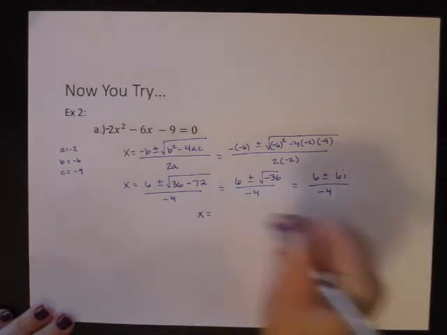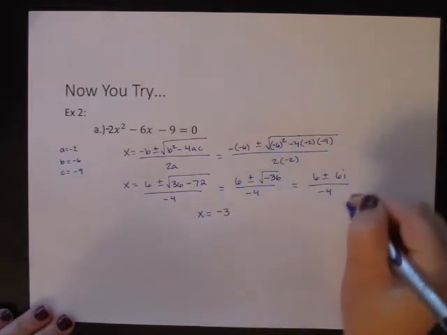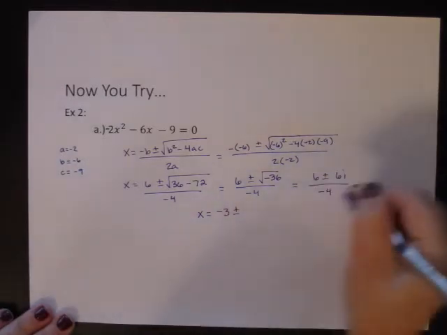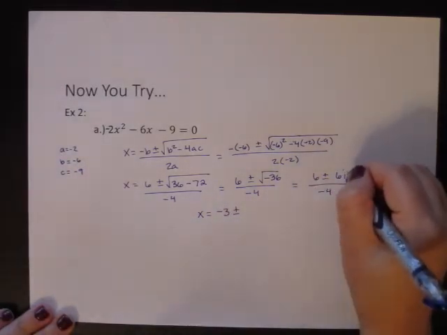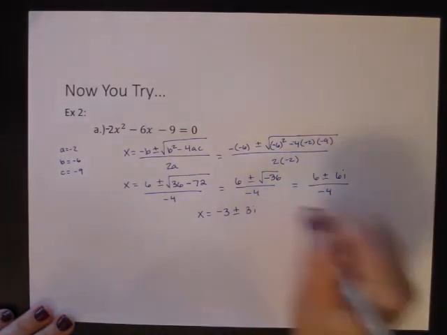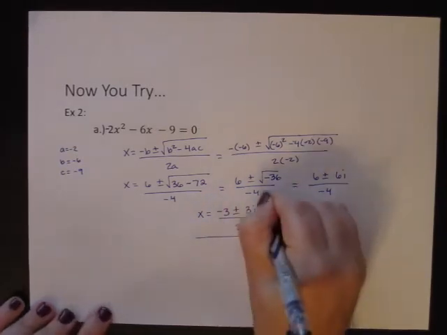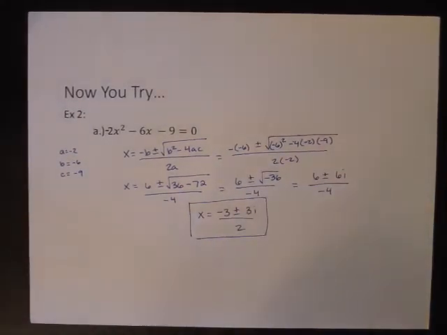So we got x equals 6 divided by negative 2 is negative 3, plus or minus 6i divided by negative 2 is going to be 3i, and then negative 4 divided by negative 2 is going to be a positive 2. And that would be my solution. Okay?